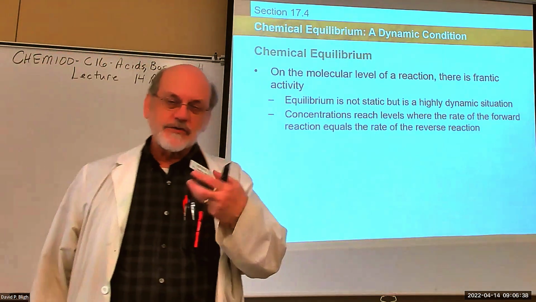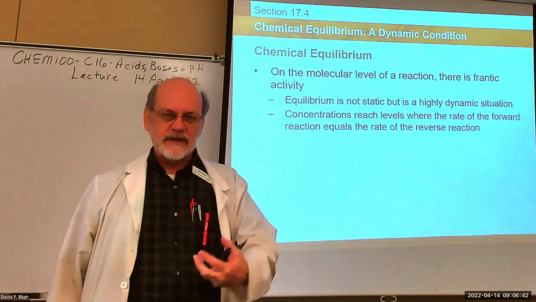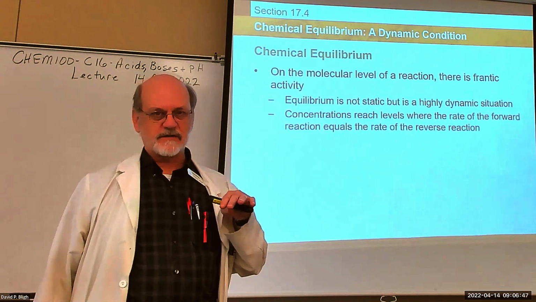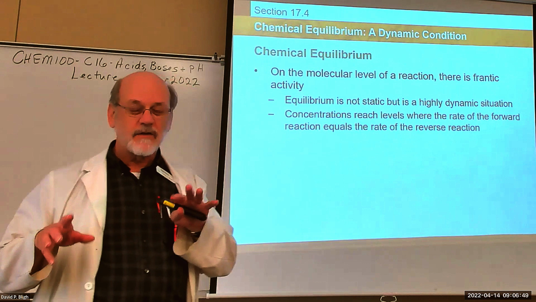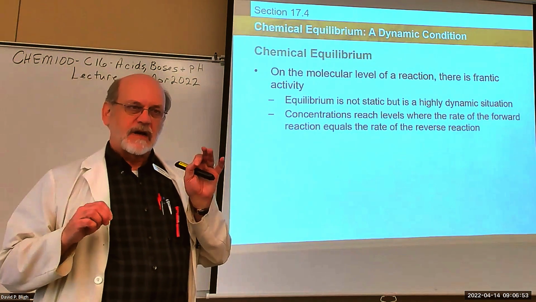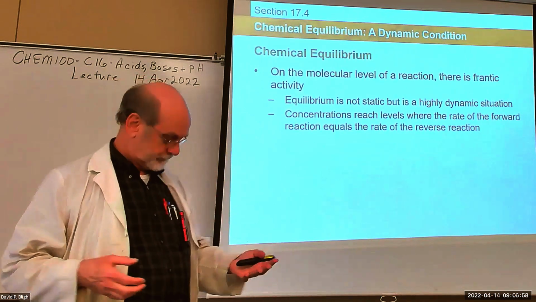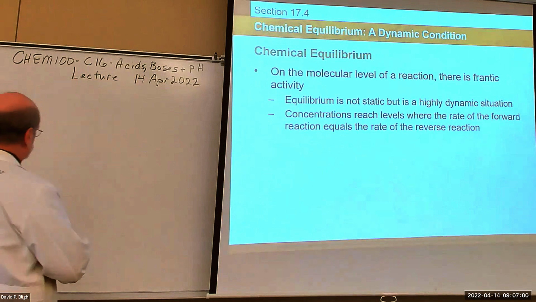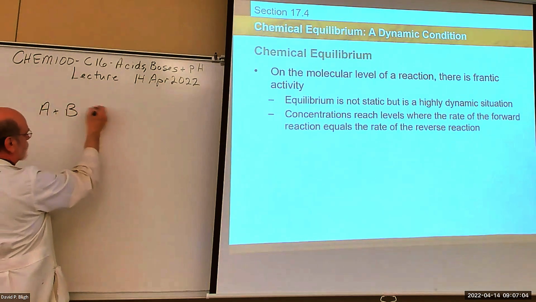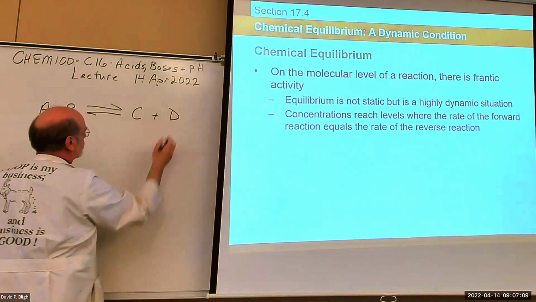Now, I introduced that part of the concept of equilibrium so that we can talk about chemical equilibrium. The evaporation and condensation is a physical process. We're not changing the identity of the molecules at all. But when we express a reaction in the form of an equation, for instance, just as a generic, we have two reactants and they produce products.